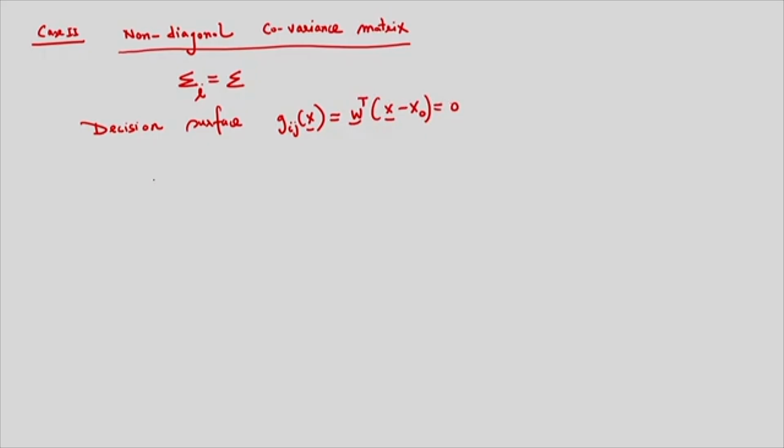So what is the weight vector? The weight vector in this case is the inverse of the covariance matrix times (mu i minus mu j).